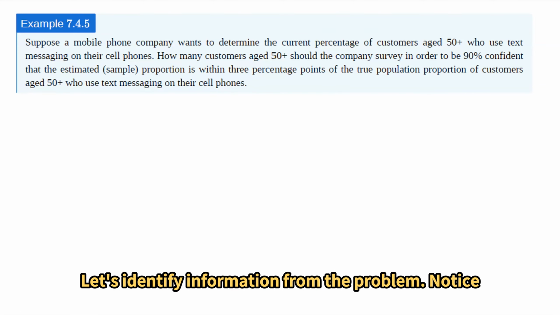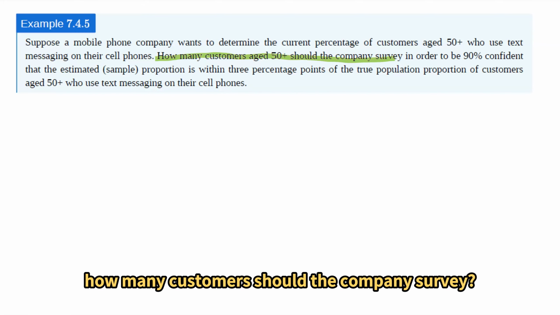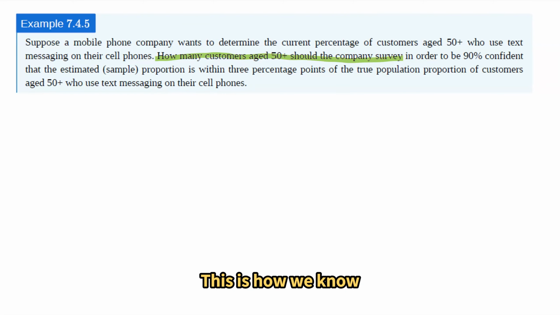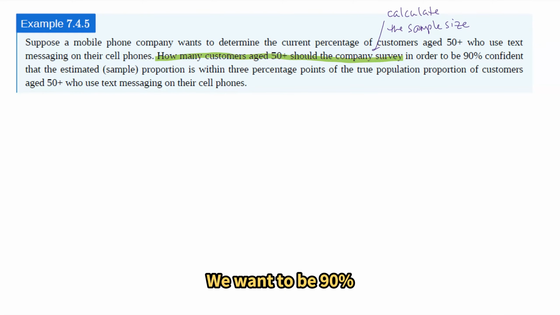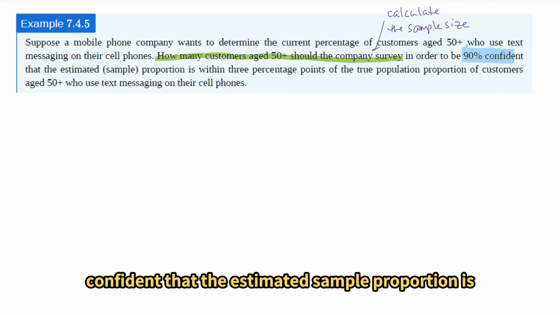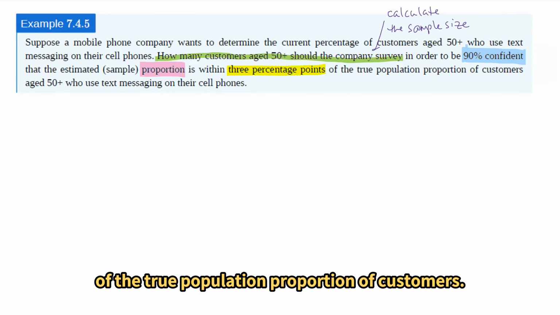Let's identify information from the problem. Notice the question is asking us, how many customers should the company survey? This is how we know we're going to calculate a sample size. We want to be 90% confident that the estimated sample proportion is within 3 percentage points of the true population proportion of customers.